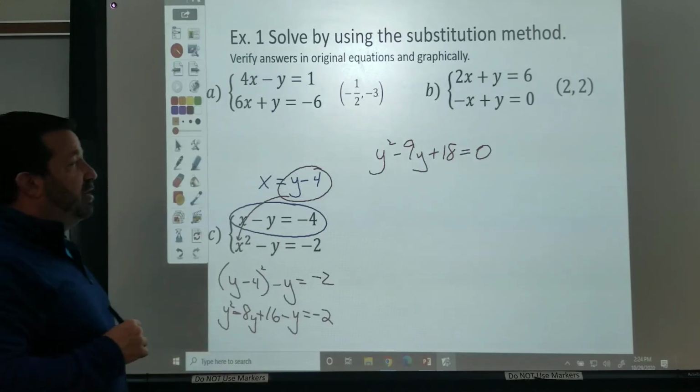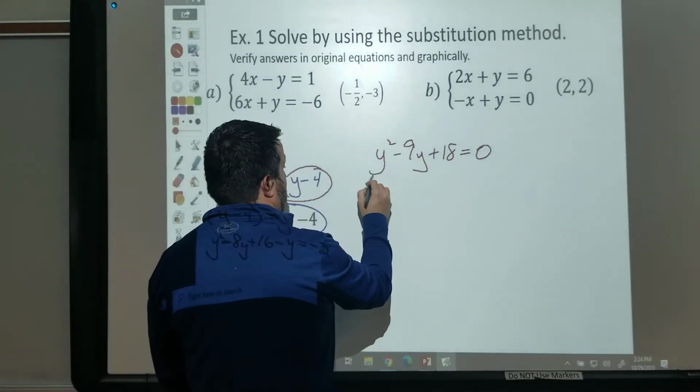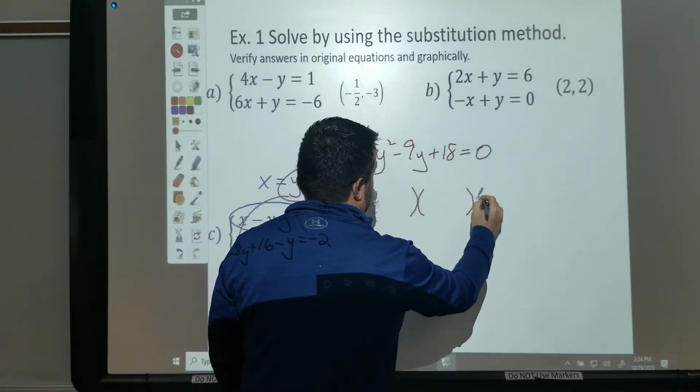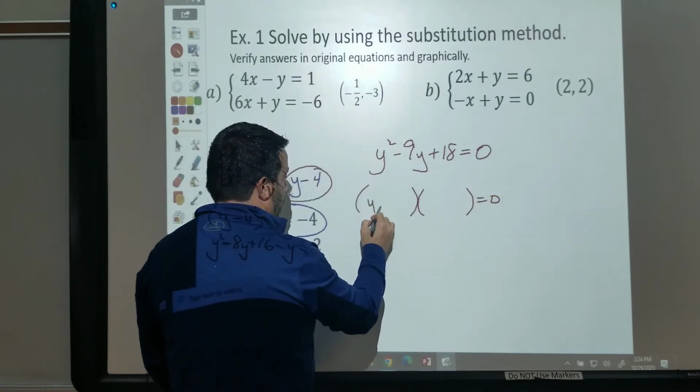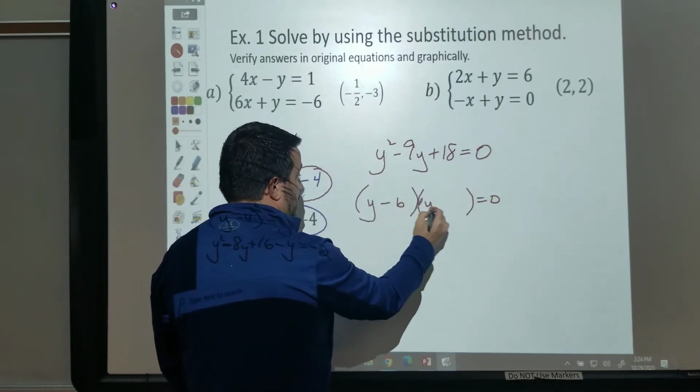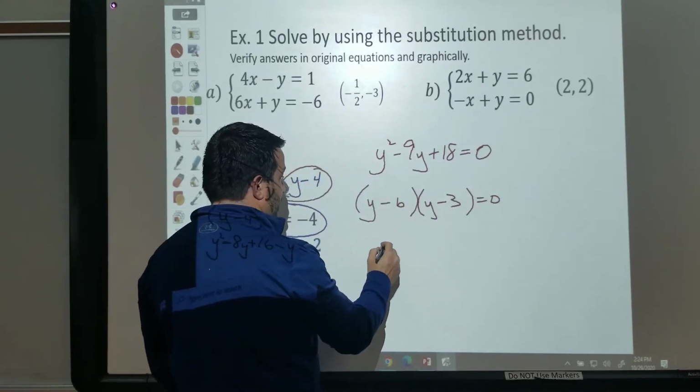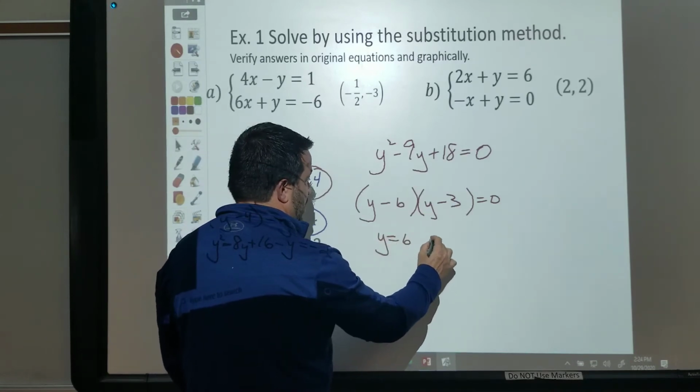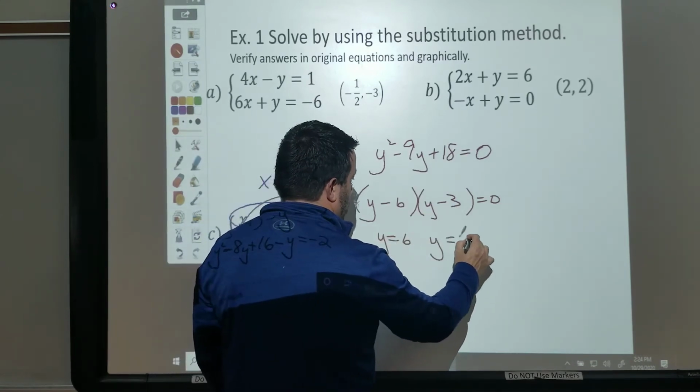So now I want to try to factor this if I can. It's quadratic, so I would prefer to factor it if I can. Y, -6, -3. So I get y equals 6 and y equals 3.